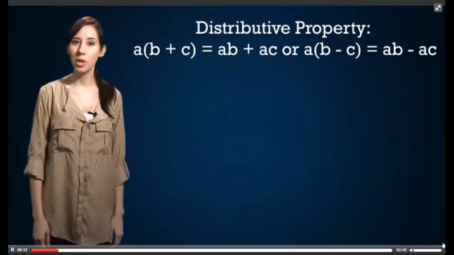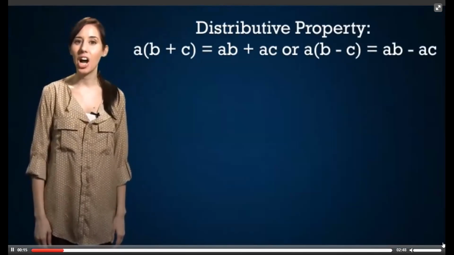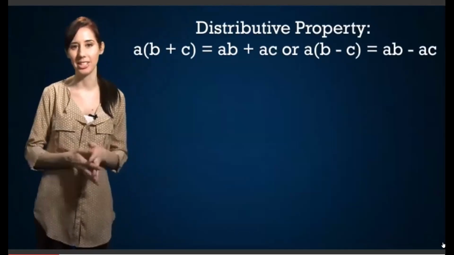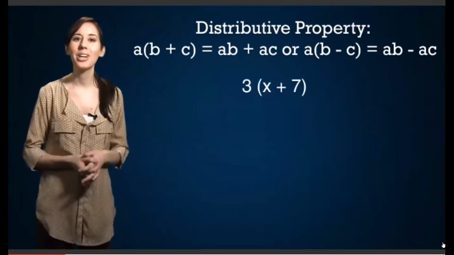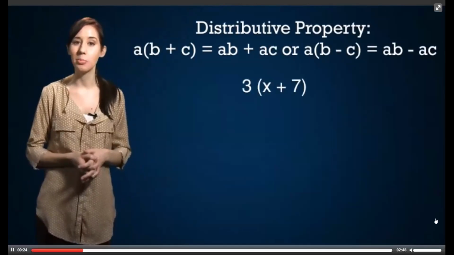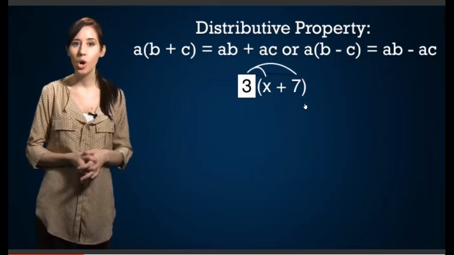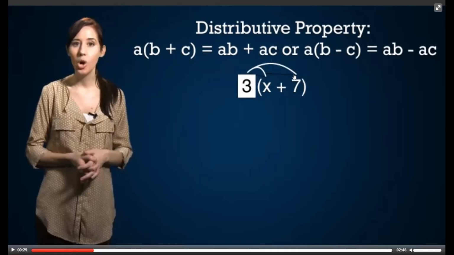Remember that the distributive property states that a factor on the outside of a parentheses gets multiplied by each term inside the parentheses. For example, 3 times the sum of x and 7 can be simplified by multiplying 3 by both x and 7. And here's a perfect example of an expression. There's no equal sign in that expression, 3 times the quantity x plus 7. But we can still simplify it and get rid of the parentheses.